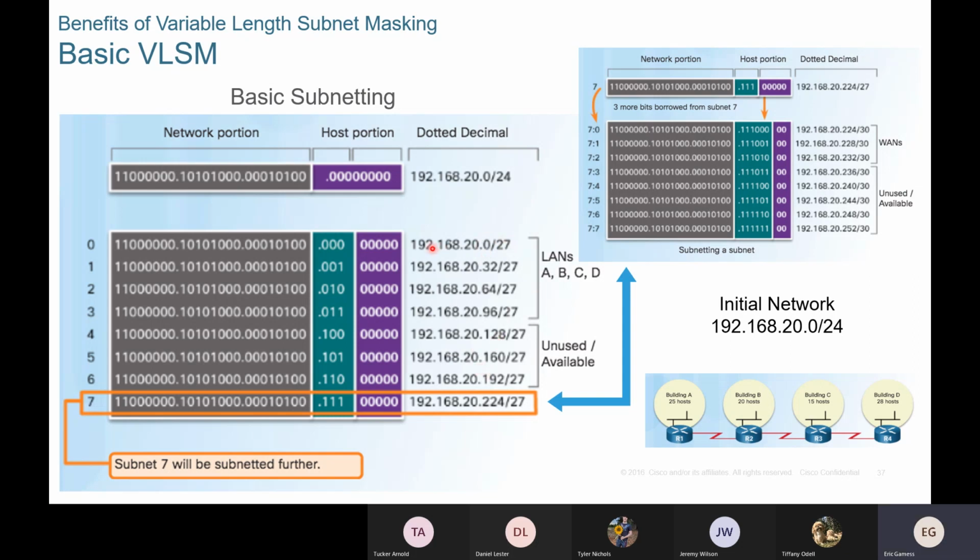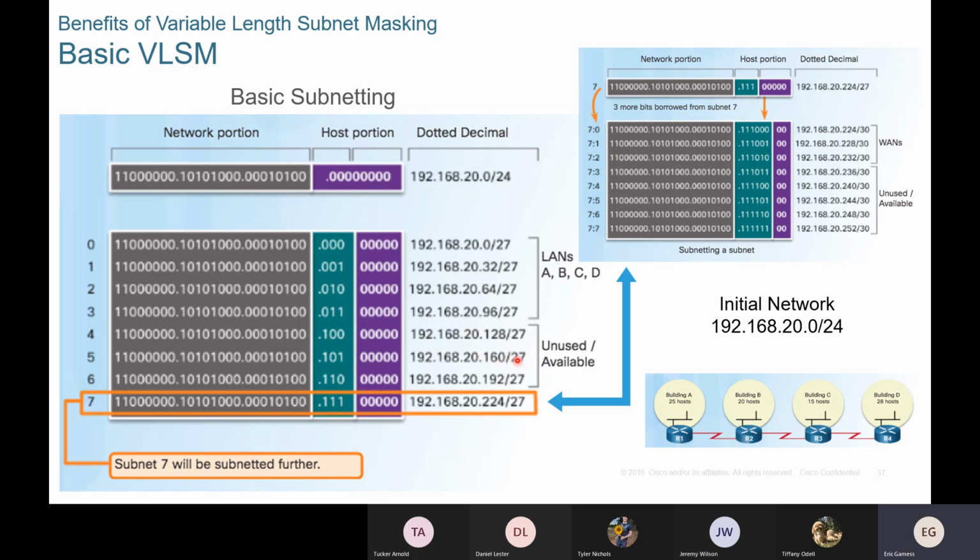This one, for example, I assign to building A. This one, I assign to building B. This one, I assign to building C. And this one, I assign to building D, as we did previously. But previously, we were taking this big network to put it here, between router 1 and router 2.